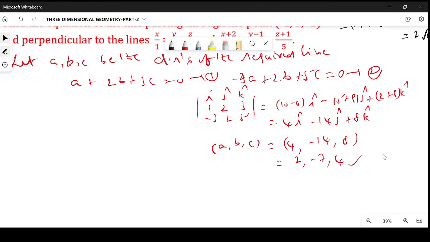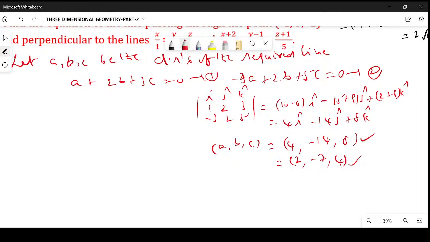Since these are proportional, 2, minus 7, 4 I can also consider. These are the DRs of this line.